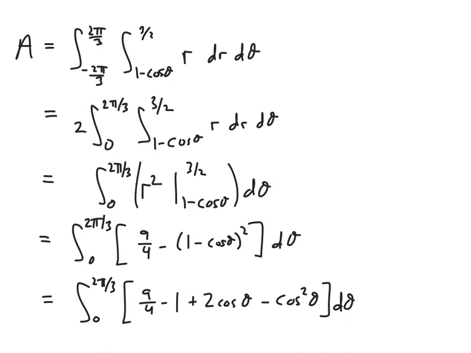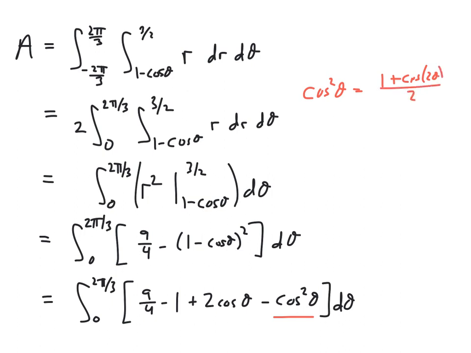I'll simplify this constant in a bit, but we have a constant and 2 cosine theta. Both of those terms we can integrate nicely in terms of theta, but cosine squared theta does not integrate nicely as itself. If we go back to our integration methods, you might remember that to find the antiderivative of cosine squared theta, we need to use the half angle identity: cosine squared theta equals 1 plus cosine 2 theta over 2.